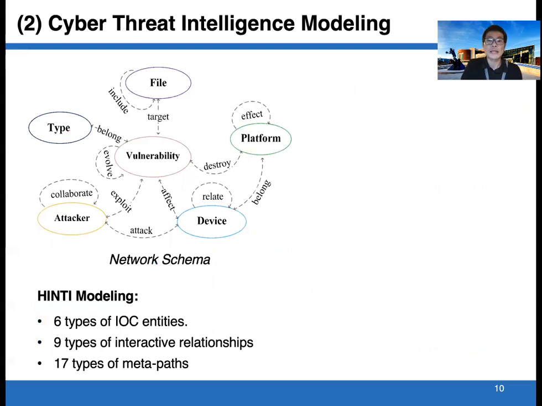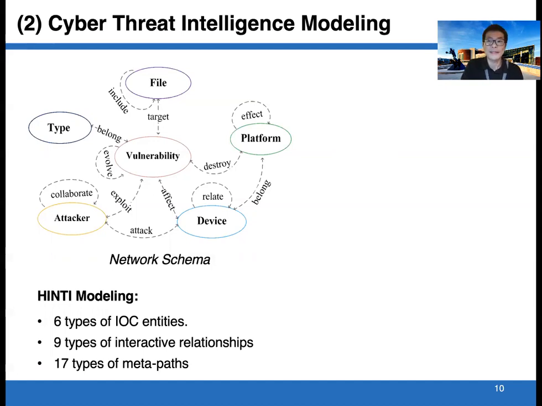In order to model the interactive relationships among different types of IOCs, we implement a heterogeneous information network for threat intelligence. In this work, we model 6 different types of threat entities, including file, vulnerability, attacker, platform, device, and attack types.